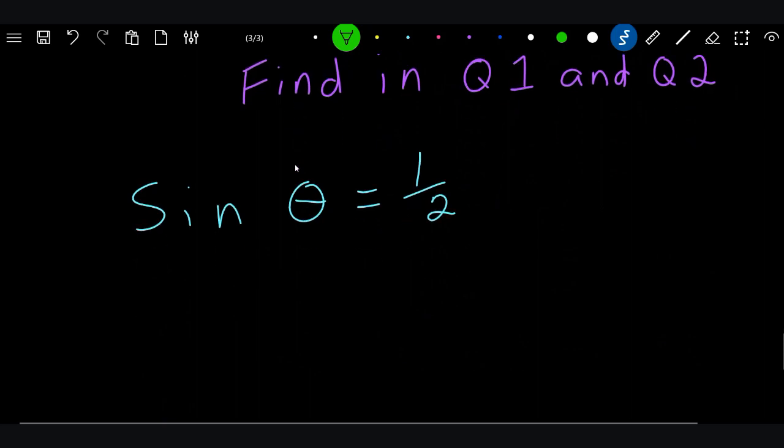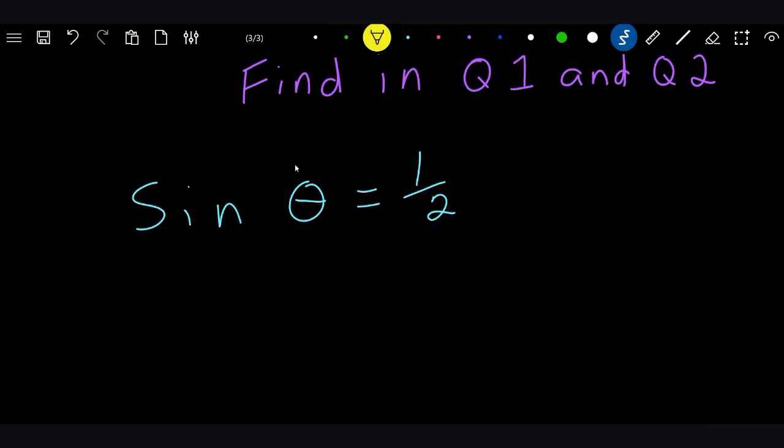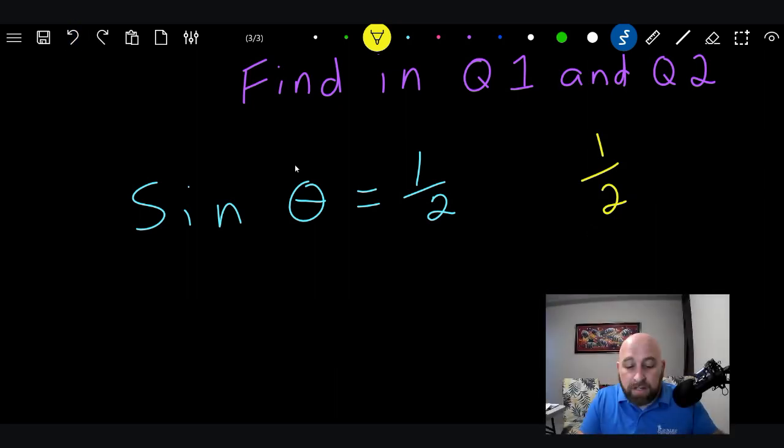Okay. All right. So now what we want to do, this is the last one, I promise. We want to find, in quadrant 1 and quadrant 2, the angle where the sine is 1/2. So in quadrant 1, let's figure out the angle where sine is 1/2. So it's 1/2 over 1. The sine is the opposite over the hypotenuse.